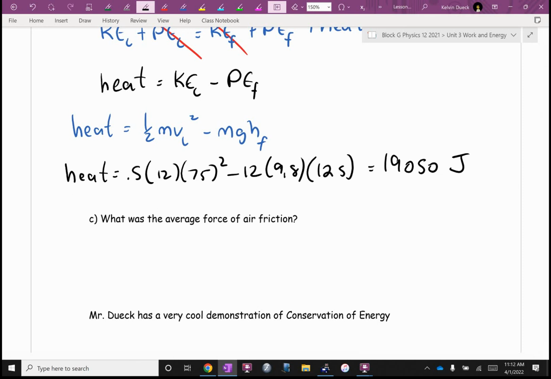When in doubt, especially if it's a part C, ask yourself, maybe I'm going to use my answer from part B. What did we find in part B? What else did I call it in brackets? No, I did not call it air friction. I used another very important physics word in front of that. How do I calculate work?